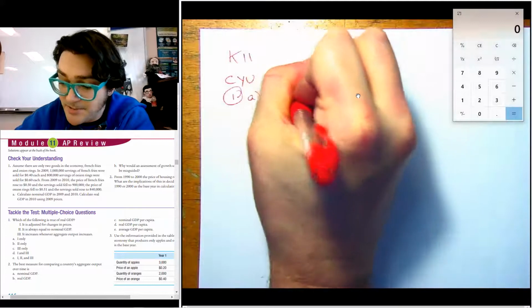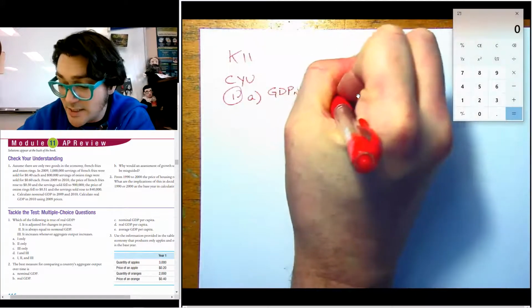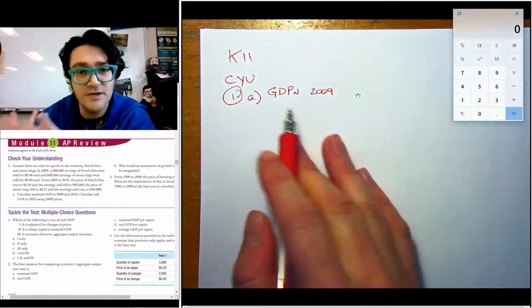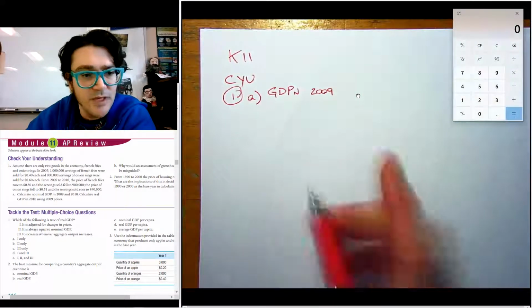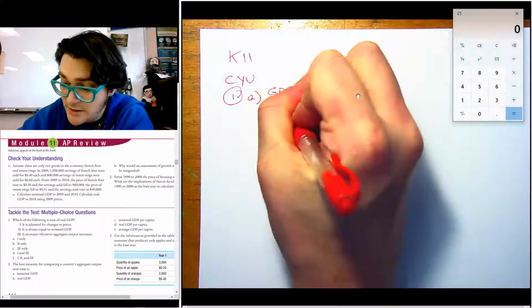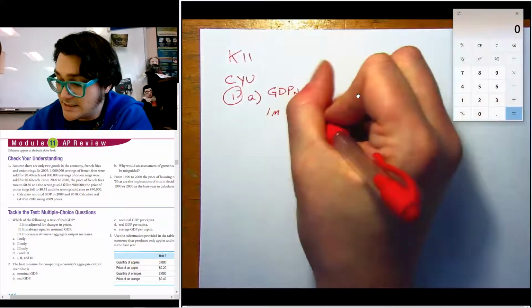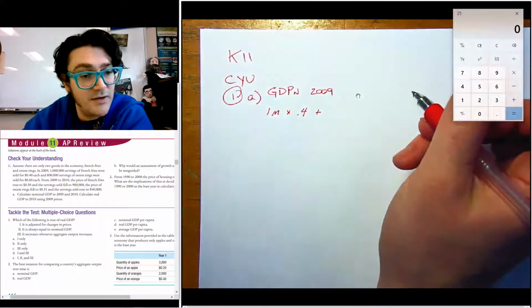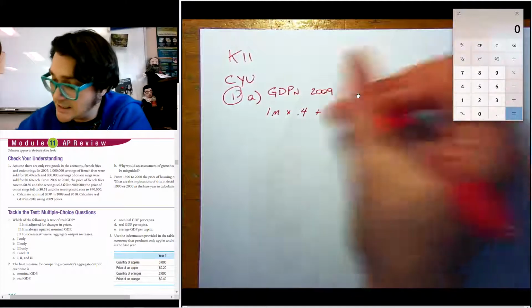Let's start with GDPN, nominal, in 2009. For this one, we're just going to need the price and the quantity of the stuff from 2009. It's the simplest one. So we had 1 million servings of fries, 1 million times 40 cents, plus the 800,000 onion rings at 60 cents.